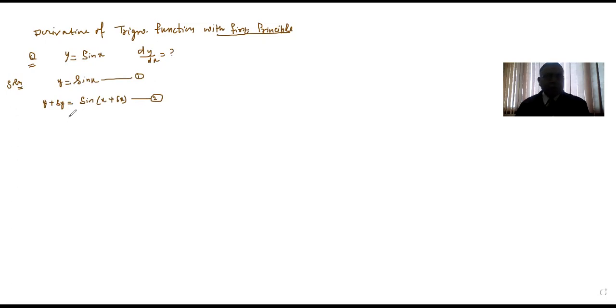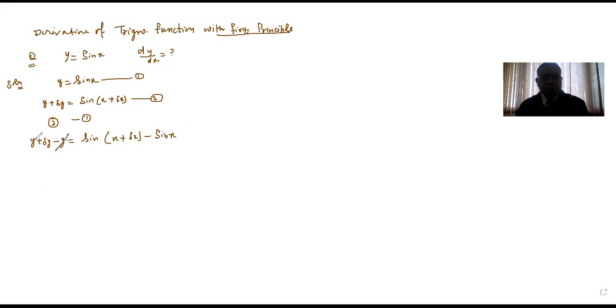So 2 minus 1, this will be y plus delta y minus y is equal to sine x plus delta x minus sine x.